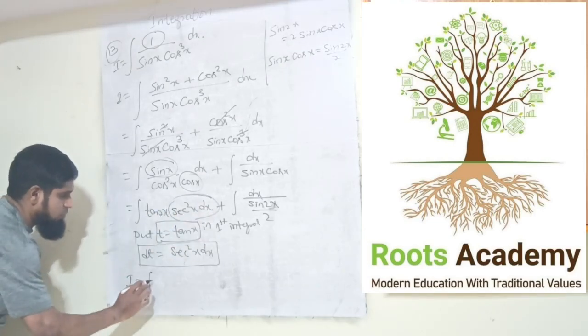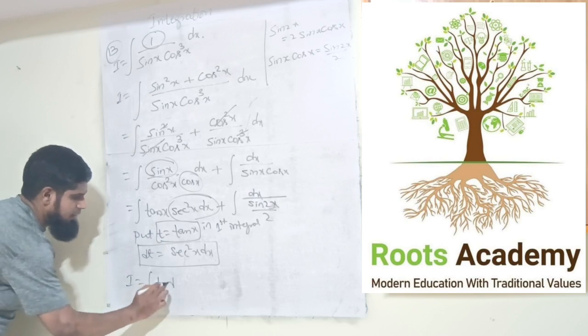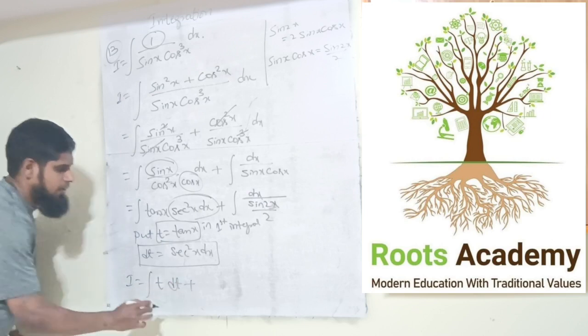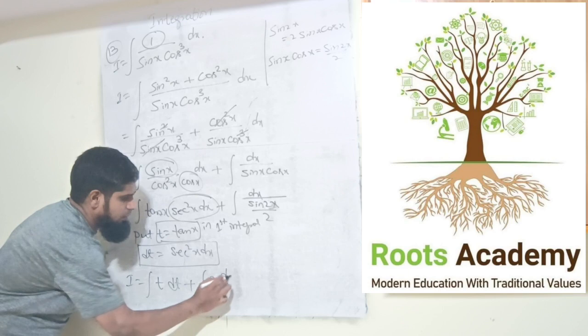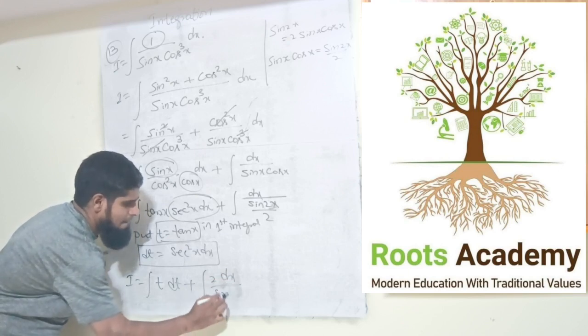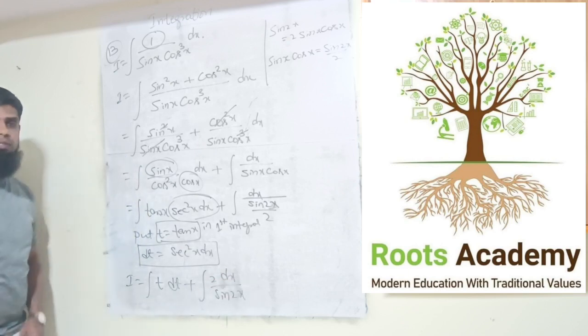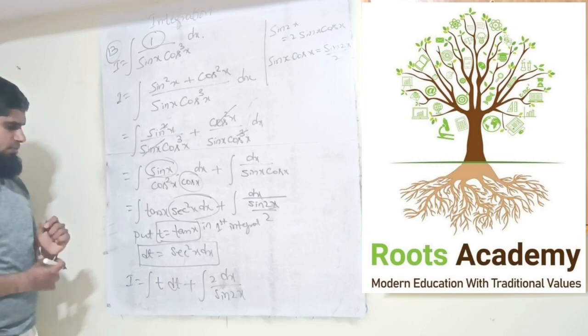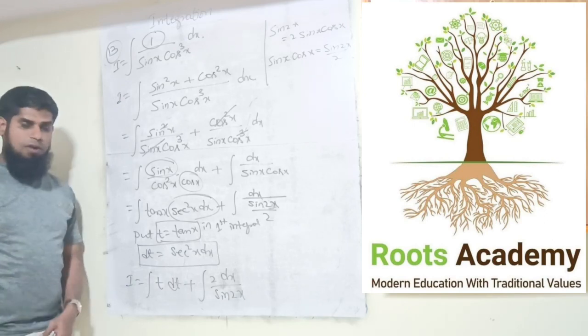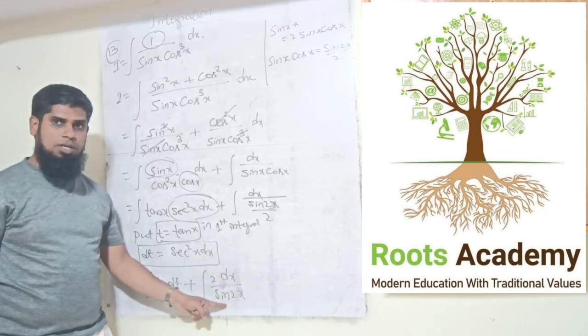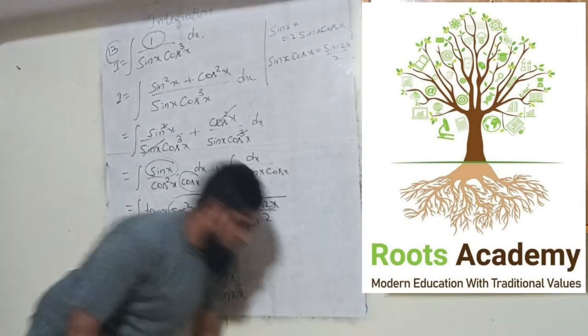So I is equal to the integral of t dt plus integration of 2 dx divided by sin 2x. So students, here 1 by sine is cosecant.